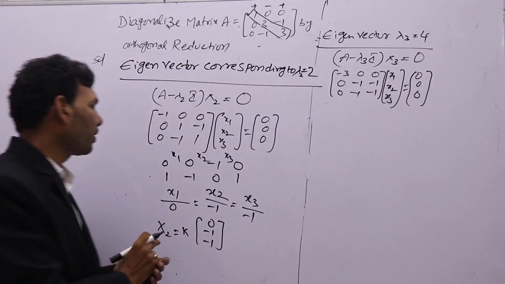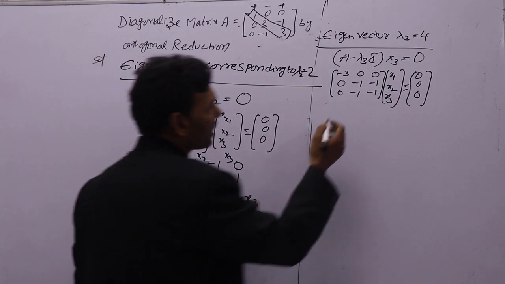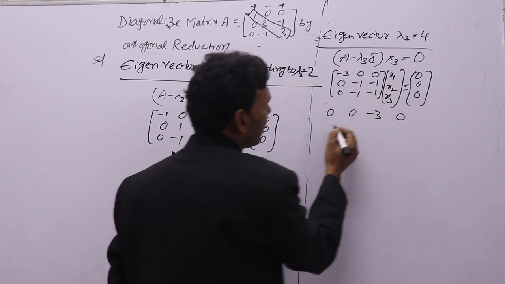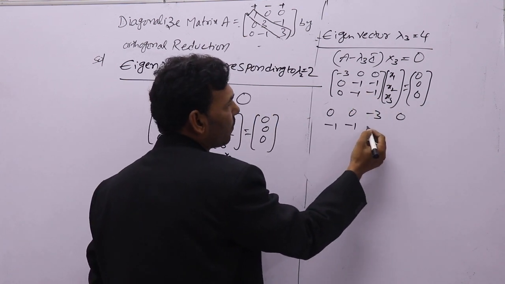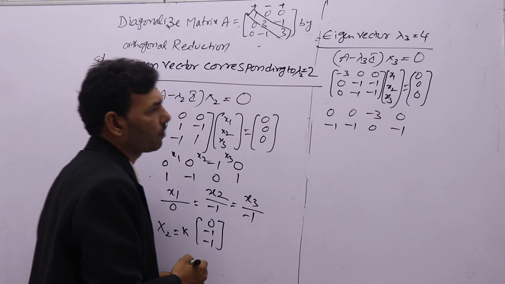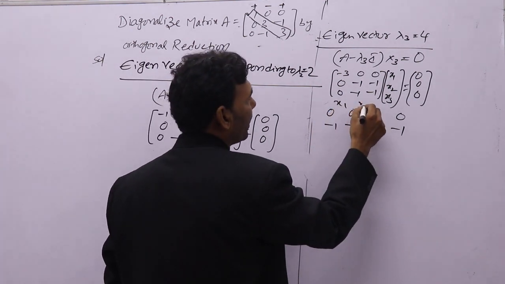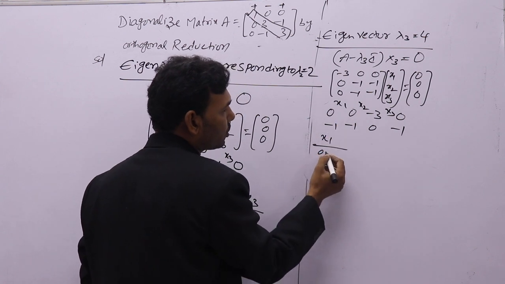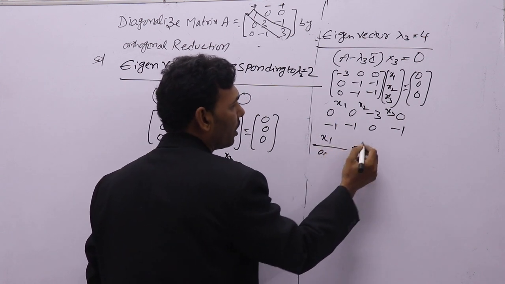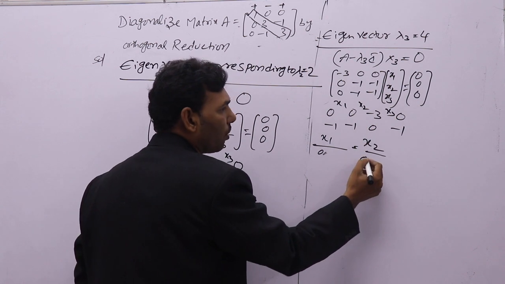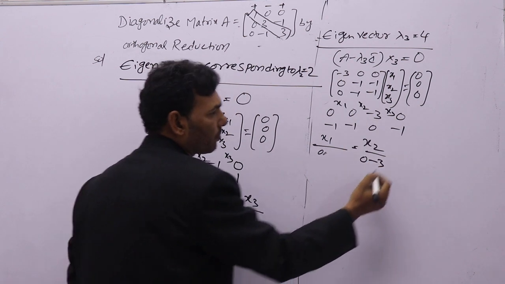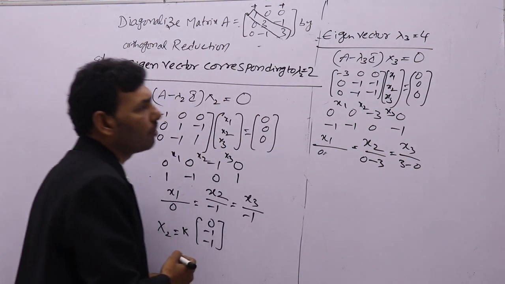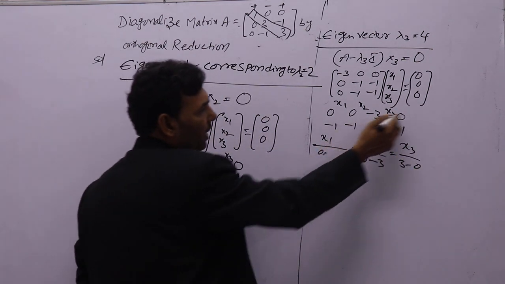Next, again we solve from second element to second element: 0, 0, minus 3, 0, and minus 1, 0, minus 1. So now x1, x2, x3. x1 by 0 minus 0, 0. x2 by 0 minus 3. x3 by 3 minus 0, minus into minus plus 3 minus 0.